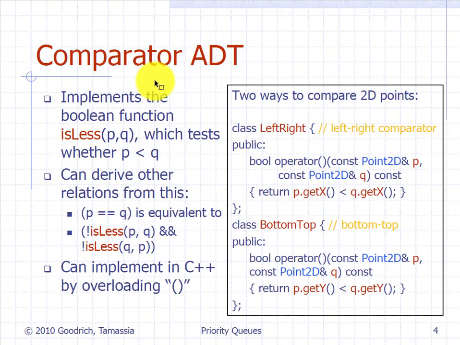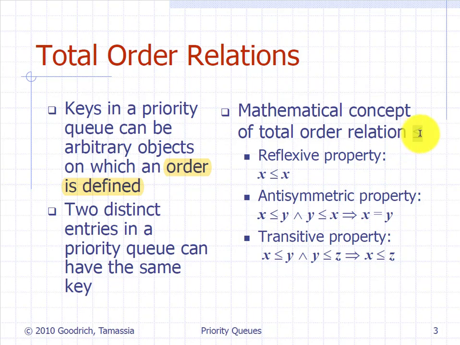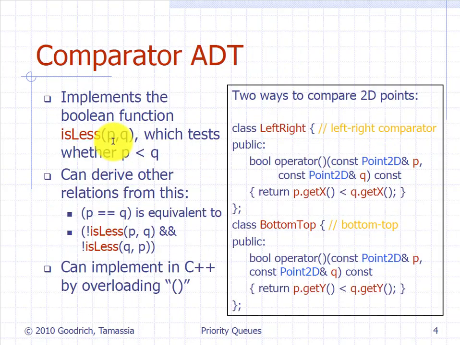So in this we have a comparator. Our relation, which on this slide is defined as less than or equal to, here it's defined as is less than P and Q, which tests whether P is less than Q. So you see this relation is defined as is less. And we can do a lot of different things with this. Suppose we can define the relation.